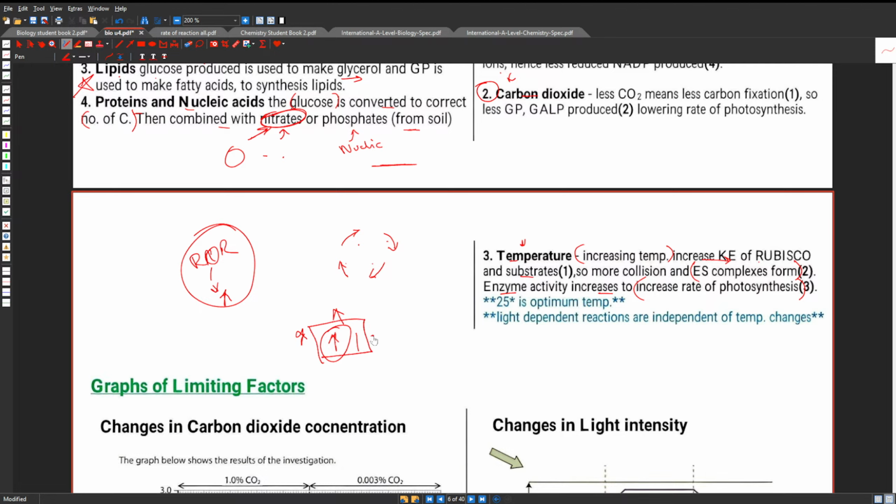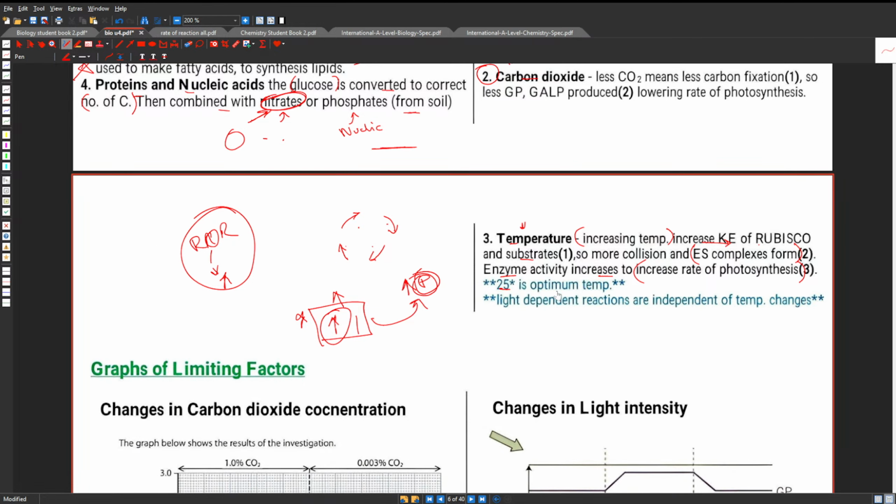As a result, that causes an increase in enzyme activity, or an increase in photosynthesis. Done. 25 is your optimum temp. As always, all enzymes, or most enzymes, will follow this.